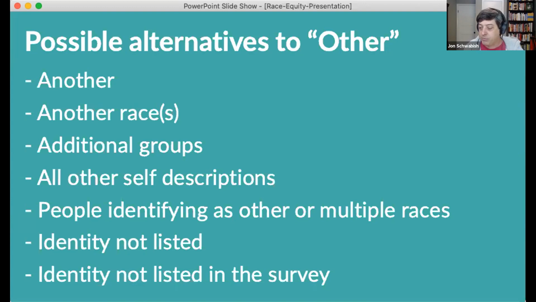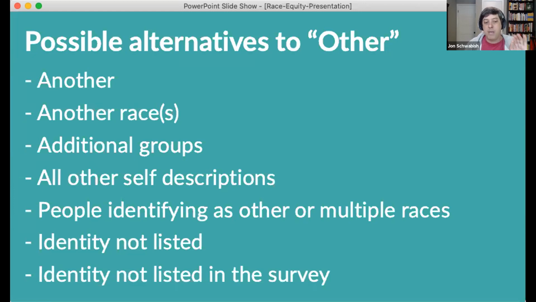I'm just going to go back to the questions here. I think Anna has a great point: I can't assign an identity for other people. And for the other category, I do feel like I can use some of these other phrases, because I think all of these are factually true.